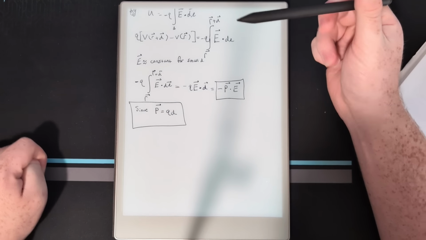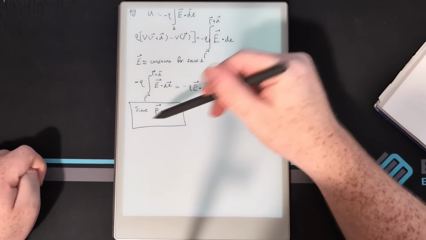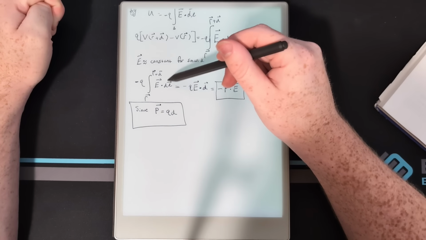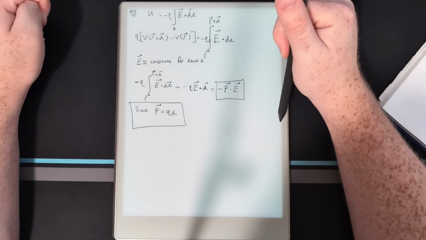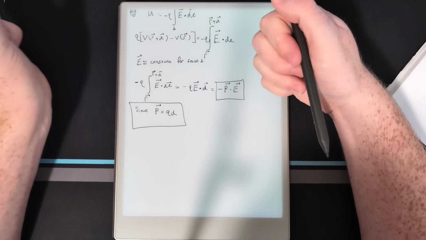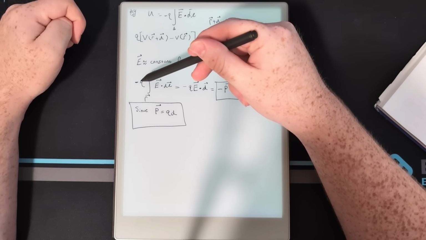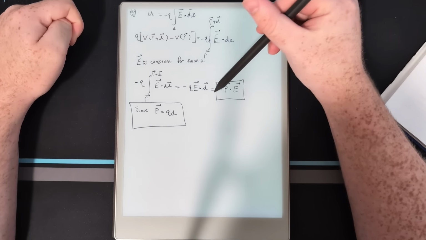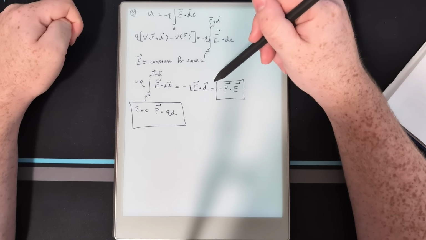So we can pull the E dot portion outside of the integral, and just evaluate the integral across our infinitesimal little line path. And that's just going to end up being D, the separation vector. So what we end up getting is minus Q times E dot D, assuming a constant electric field across the dipole.